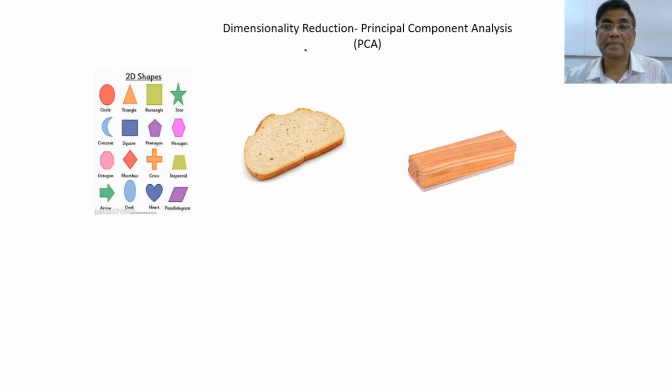which actually can be done by finding some directions, and giving those directions, where data are oriented, more importance than others. So that is the main objective of principal component analysis. Say, pictorially I am trying to give you some examples. So these are 2D shapes, right? As you can see, in this direction more data are there compared to this direction.